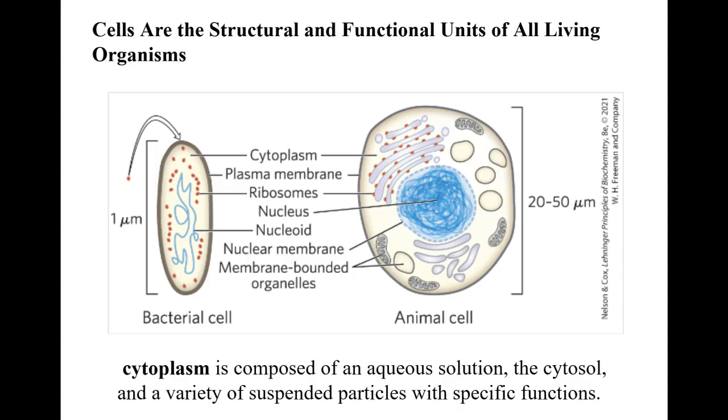Next is the cytoplasm, which is within the cell, as you can see right here, and it's composed of aqueous solution, the cytosol, and a variety of suspended particles with specific functions.